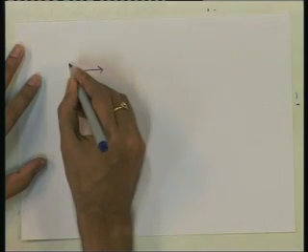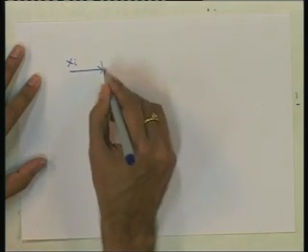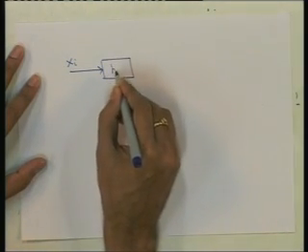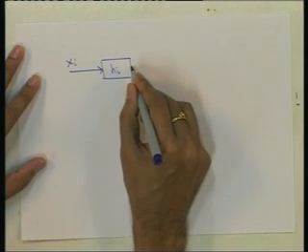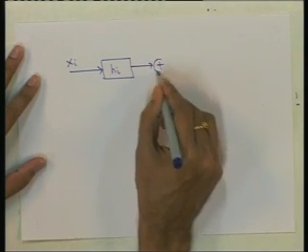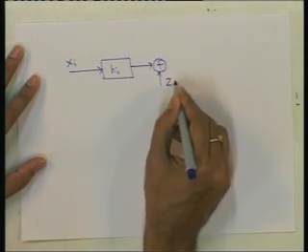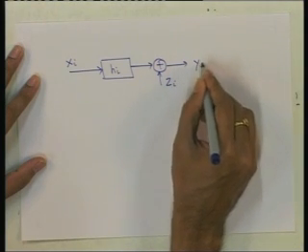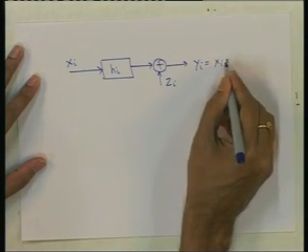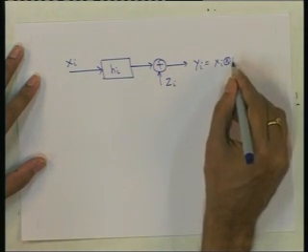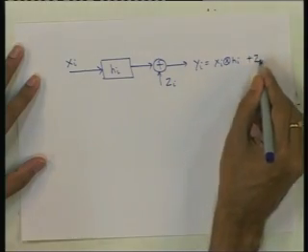Suppose we have a linear filter channel where we have Xi, there is a linear filter with Hi impulse response, and then a noise is added Zi, we have Yi, which is Xi convolution Hi plus Zi.